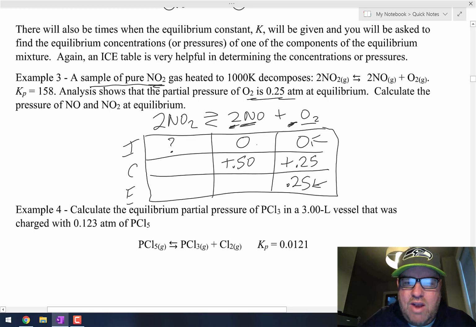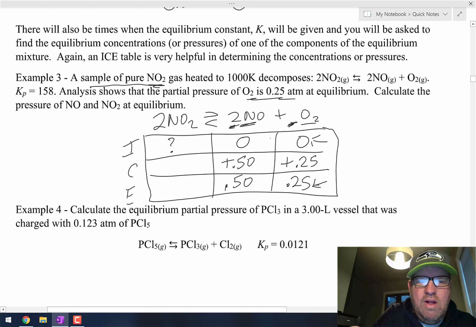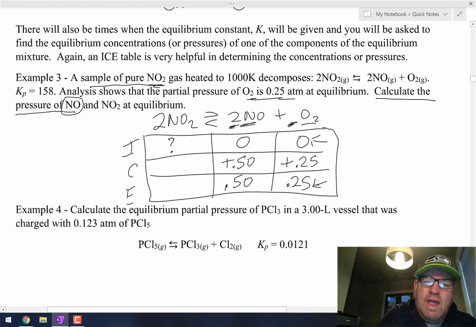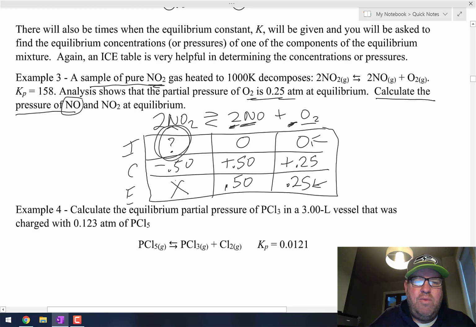So NO had to have gone up by 0.5, which means the equilibrium value for NO is 0.50. So that's one of our questions. Calculate the pressure of NO at equilibrium. It's 0.5. Now over here, if this went up by 0.5, this had to have gone down by 0.5, but that really doesn't matter because we don't know how much we started with. But we still need to find that value right there, so we're just going to call that X.